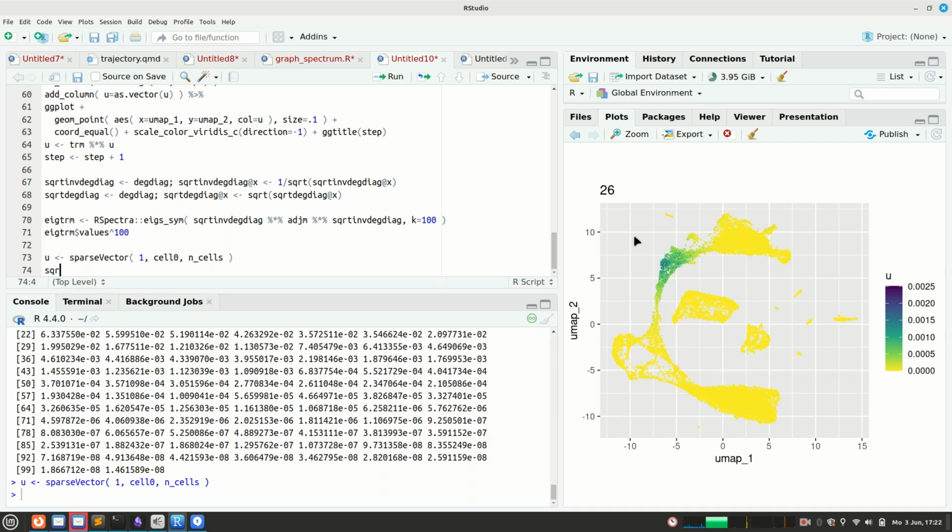Square root inverse degree matrix. And so I'm now writing from the right to the left. And then I have to make this U^T matrix, which is the eig transition matrix vectors transposed.